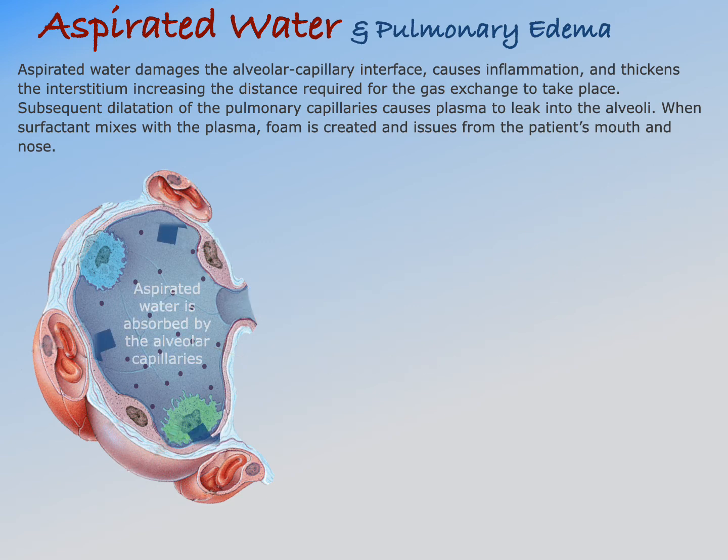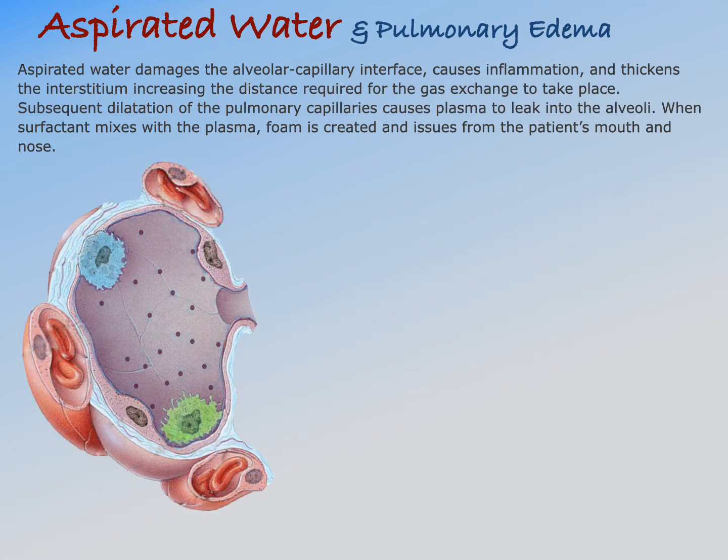Now the water is actually absorbed through the membranes into the capillary beds. And the capillaries dilate and the alveolar wall breaks down and plasma starts to leak into each alveolus. As the plasma leaks into that, it will mix with the surfactant and foam is created. And that foam is going to issue from the patient's mouth and nose.